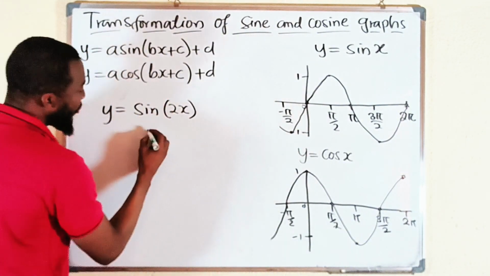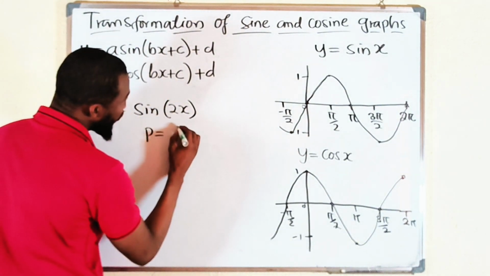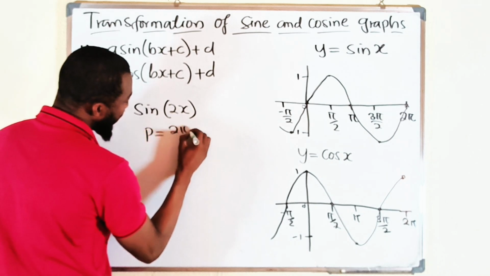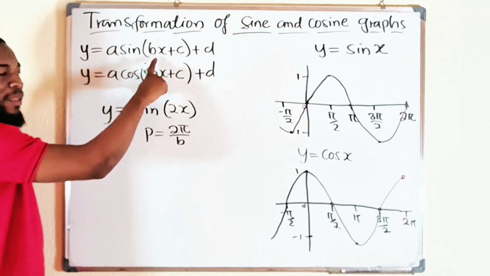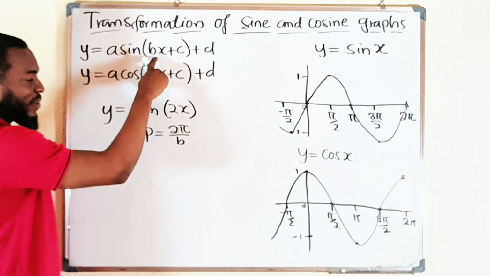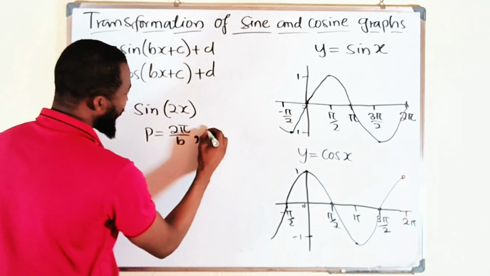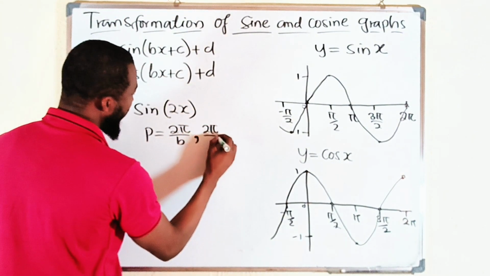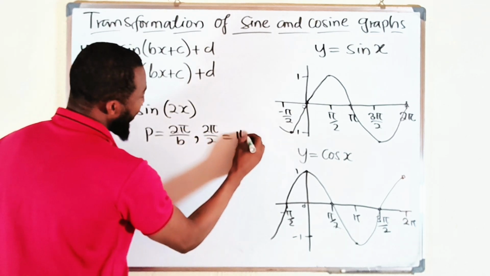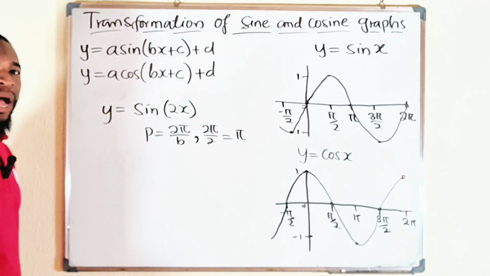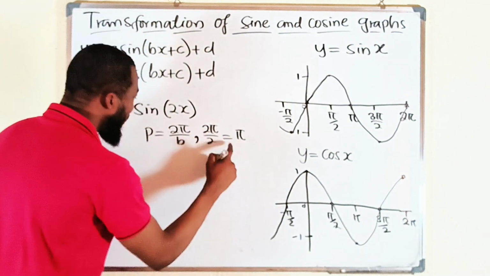So what will be our period? P is always equal to 2 pi divided by b. But b, you know, is 2 here, which is the coefficient of x, which means that we have 2 pi divided by what? 2, and this is pi. It means that the graph is going to stop at pi. A complete cycle will stop at pi.